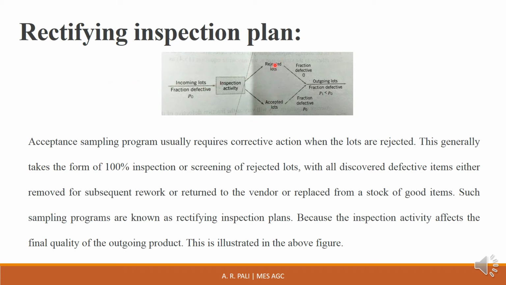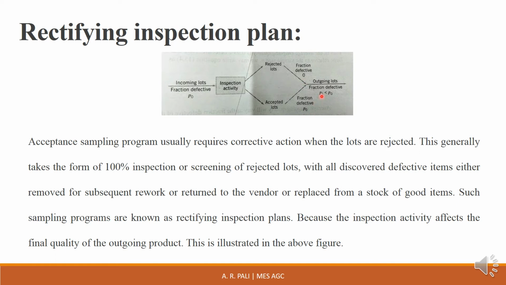After doing 100% inspection and replacing or removing the defective items, we will ultimately get 0 fraction defective. In accepted lots, we are not carrying out the inspection activity, and hence the fraction defective will be P0. And hence the average fraction defective will be the average of 0 and P0.